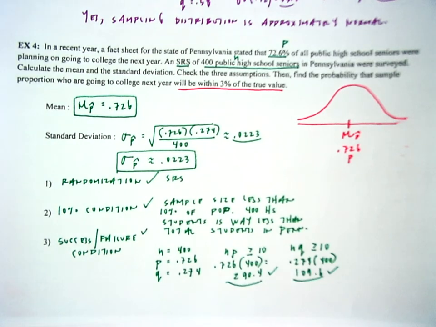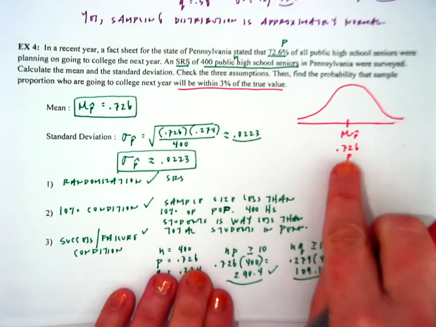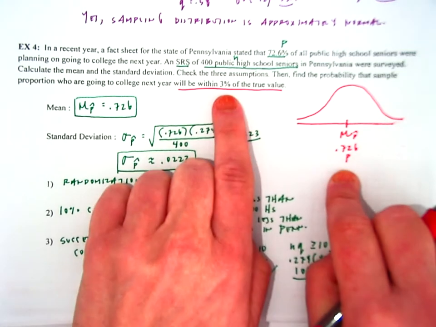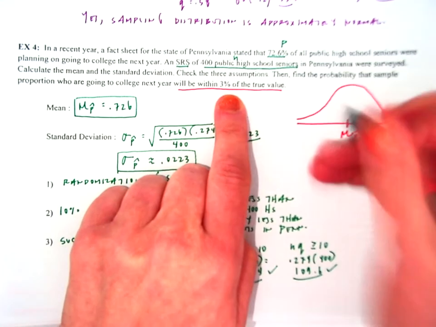You can go off of the raw data. So here what I'm going to do is I'm going to look at what is my standard deviation. Okay, so my standard deviation right here is 0.0223, and I know that I'm looking at within 3% of the true value.